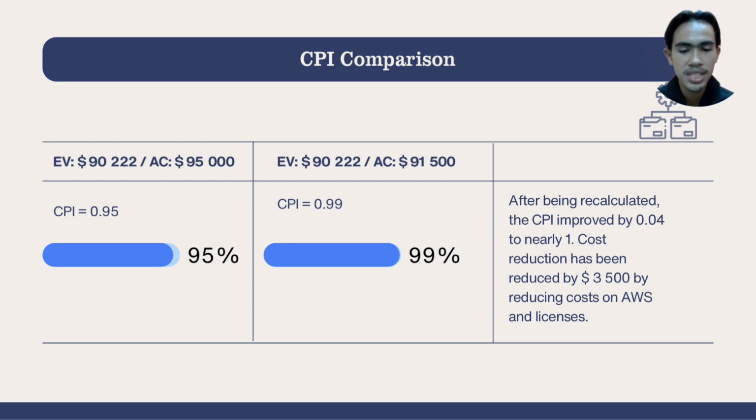This represents a massive jump from 95% to 99% budget efficiency. Ultimately, this quick adjustment successfully chopped 3,500 from our actual expenses without hurting our project progress or output. This proved that our resource reduction plan was both highly effective and necessary.